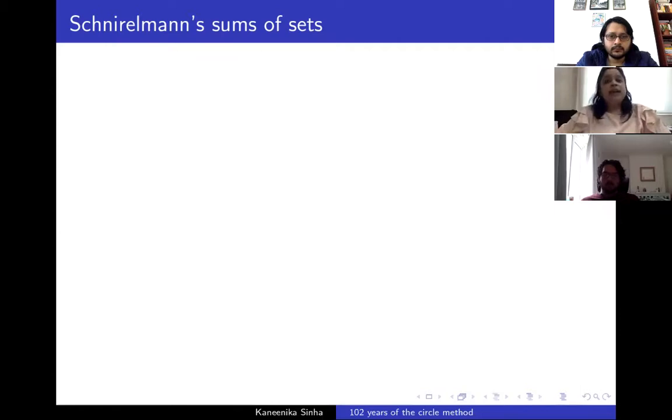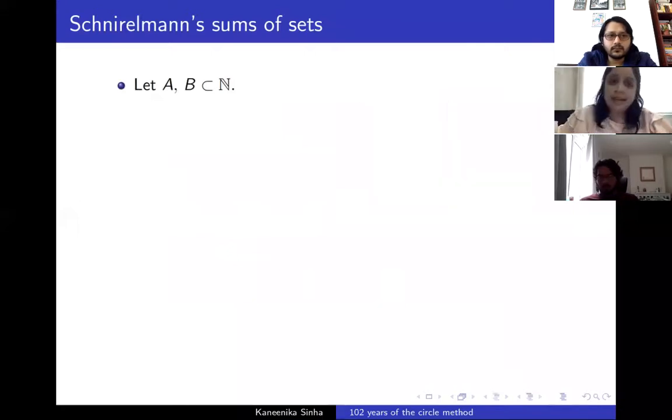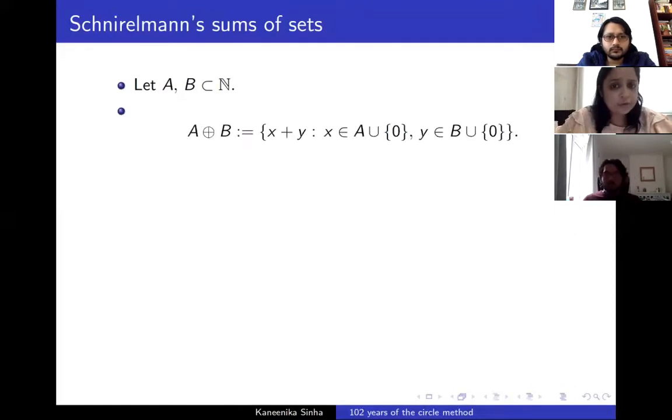Okay. Now, Schnirelmann also defined in a very nice way the notion of sums of sets. So take two such subsets, A and B, of the natural numbers. And now what we do is we define the sum set of A and B as the set of all possible x plus y, where x and y are respectively in A or B, but they could also take the value 0.